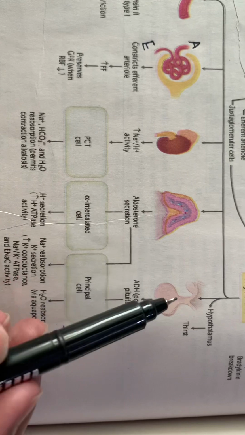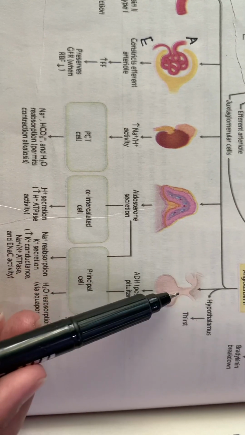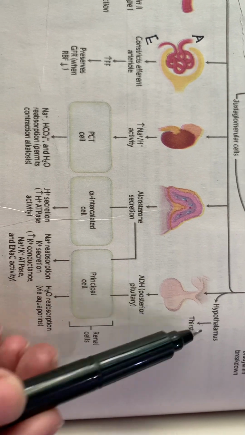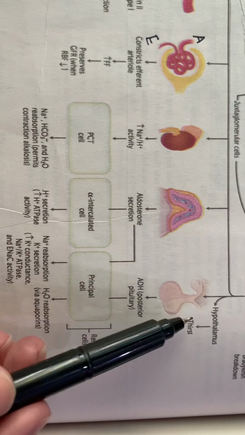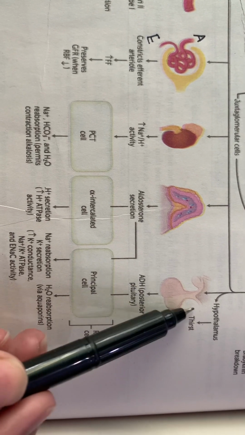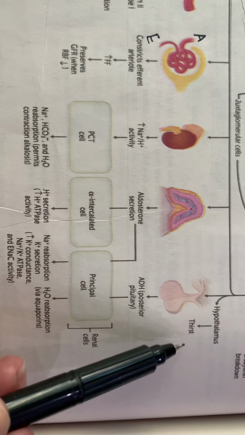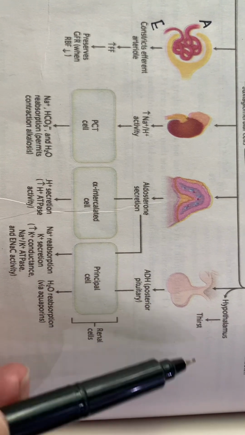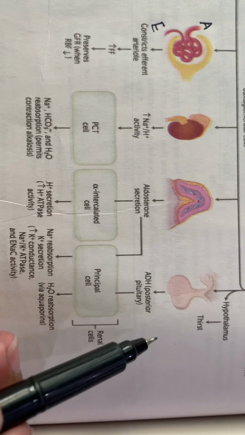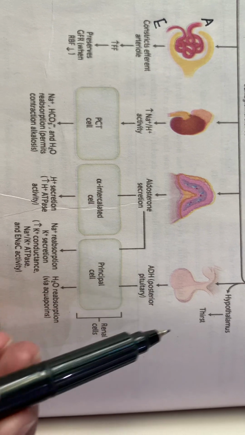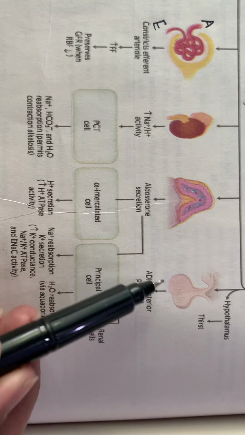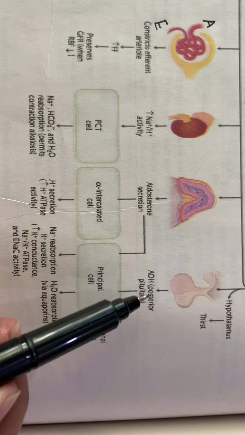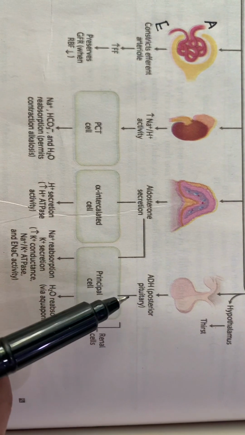So when it acts on the hypothalamus, it activates two mechanisms. First of all, it increases thirst, by which the person takes more water in his diet and blood volume increases, and it also releases ADH, which is antidiuretic hormone, from the posterior pituitary.